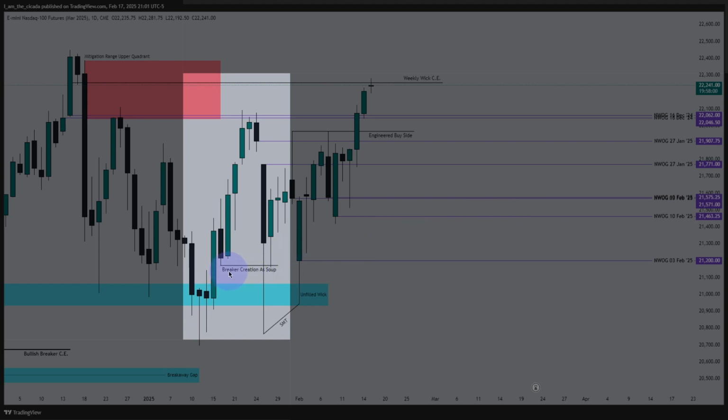Keep your eye on the breaker creation as a soup, and I have a previous video talking about how a breaker being created, in this example a bearish breaker, being treated as a soup is a sign of order flow not aligning with whatever the array, which in this case is the breaker, is lining up with. I learned this from economics. Credits go to.